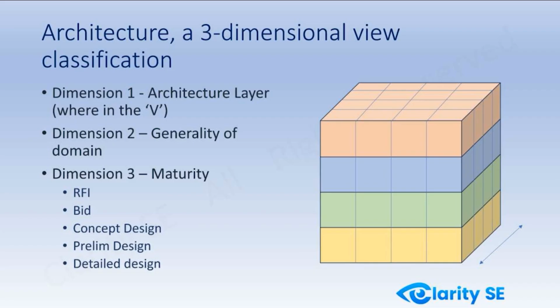So a request for information, a formalized bid, a concept design, a preliminary design, and a detailed design. You can actually work through all the different layers and all the different dimensions independently of this dimension, or you can take one of the layers and one of the levels of generality and pick your way all the way through a particular solution.